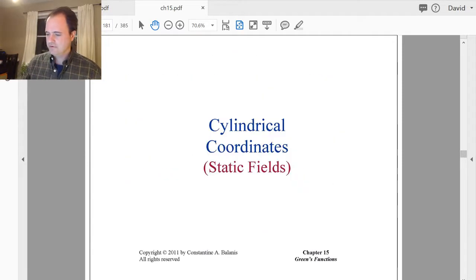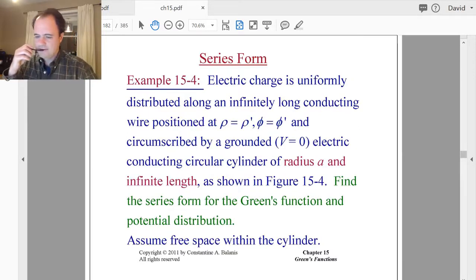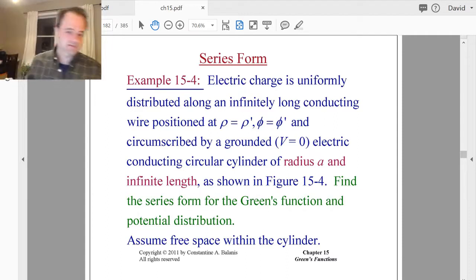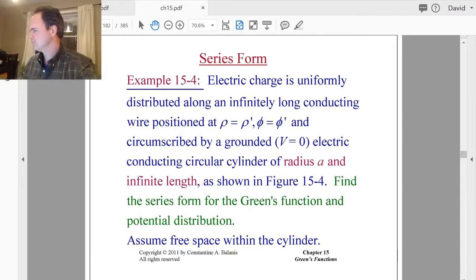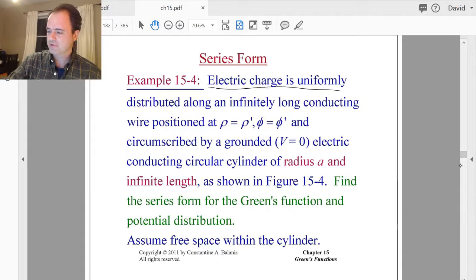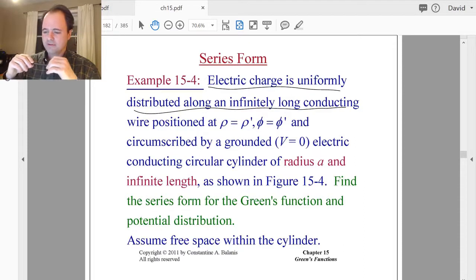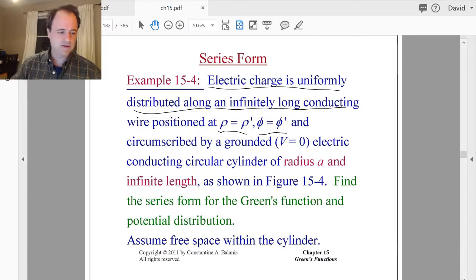So in cylindrical coordinates, we're looking at static fields. Electric charge is uniformly distributed along an infinitely long conducting wire positioned at rho is equal to rho prime, phi is equal to phi prime, and circumscribed by a grounded electric conducting circular cylinder of radius a and infinite length.